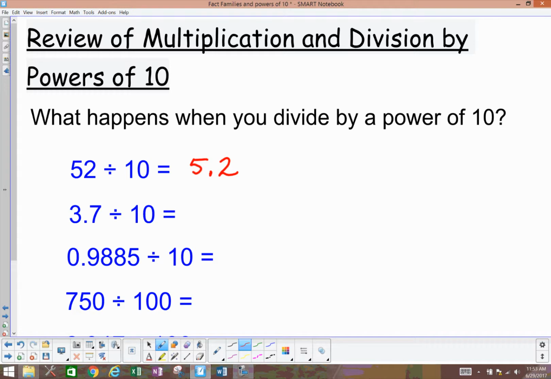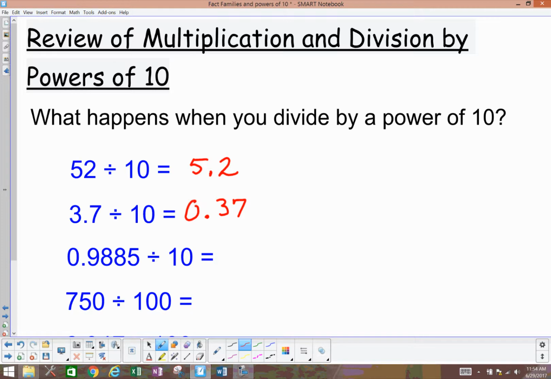3.7. Again, we're going to shift by 1 place value, but we're doing it towards those reciprocal values. So the 3 will go to the tenths place. The 7 will go to the hundredths place. Now, I prefer to put a 0 when I have a decimal, so I can make sure I clearly see there's a decimal there.